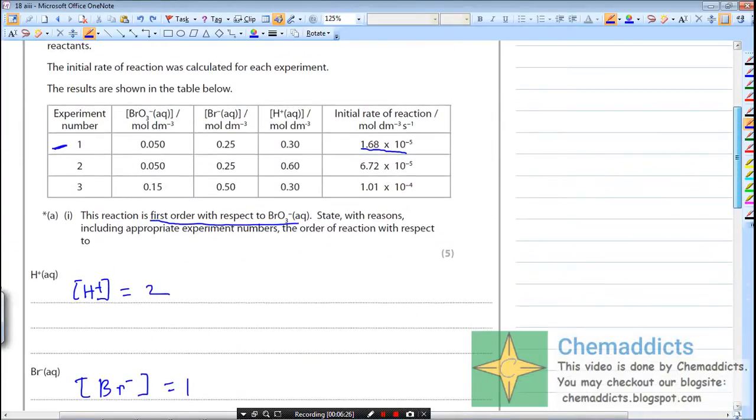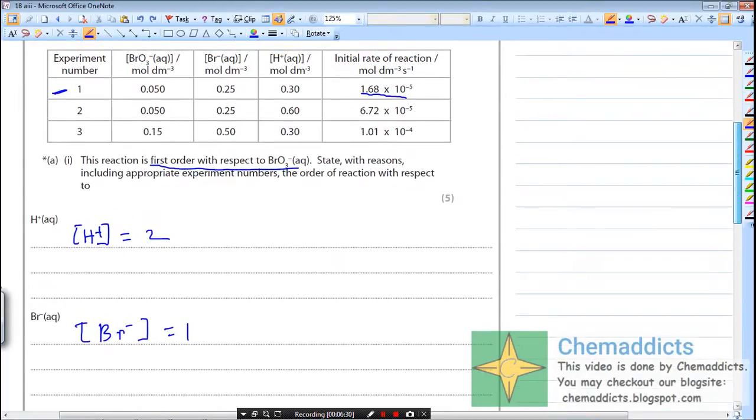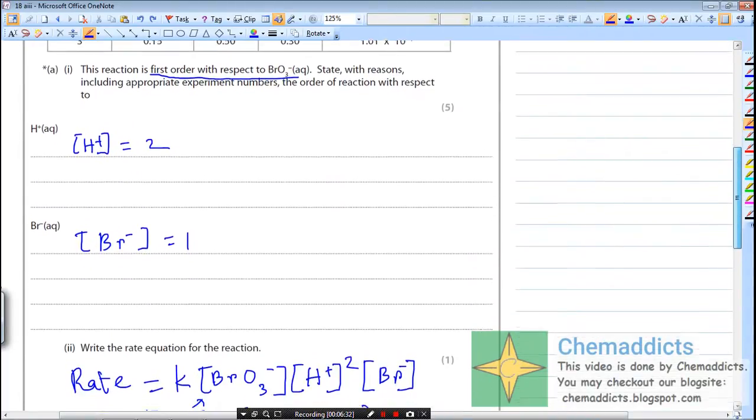So what was the rate? 1.68 into 10 to the power minus 5, and the unit is mole per dm cube per second.